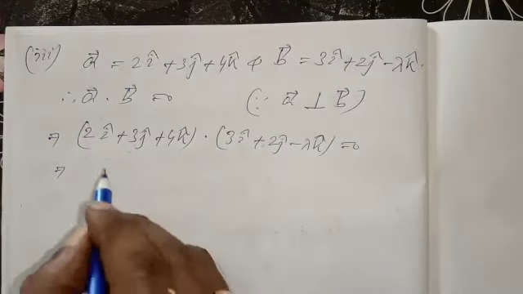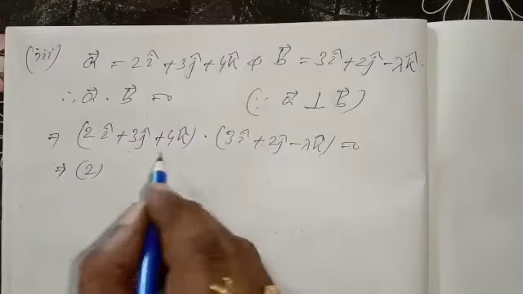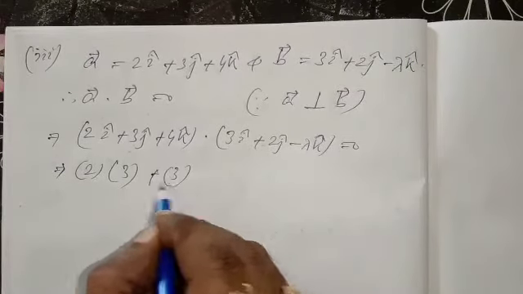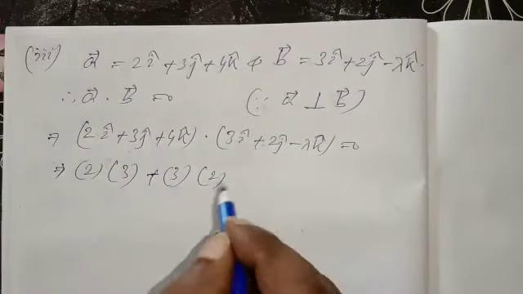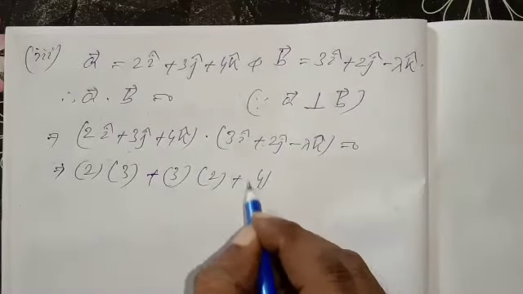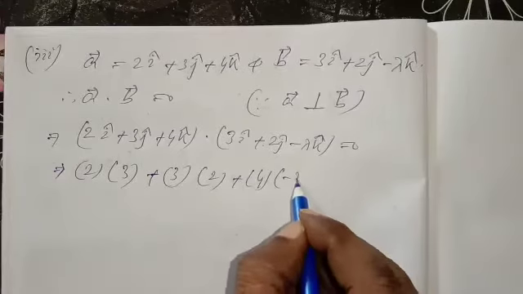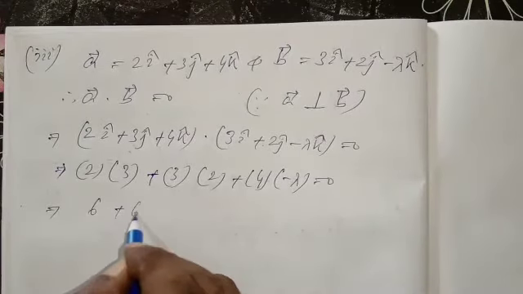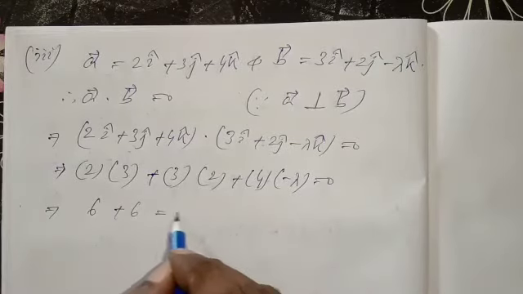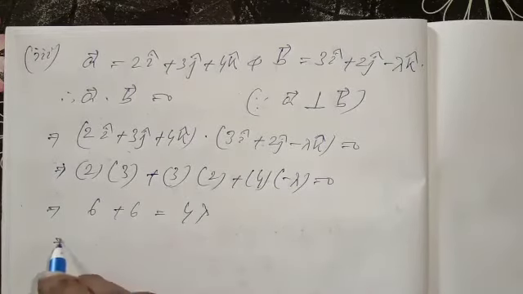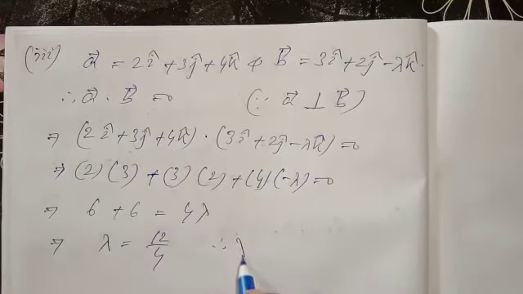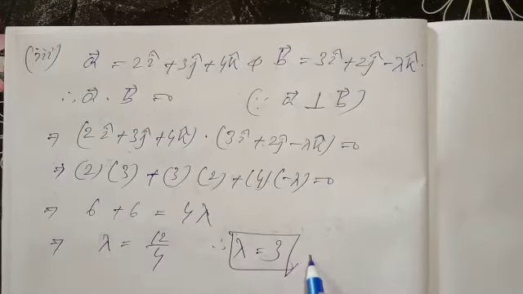Multiplying the coefficient of i, that is 2, here the coefficient of i is 3, j coefficient 3, here the j coefficient is 2, k coefficient is 4, here the k coefficient is −λ, equal to 0. It is coming 6 + 6 − 4λ, taking that side, this will be plus 4λ. That means λ is equal to 12 by 4, which is equal to 3. The required answer is λ equals 3.